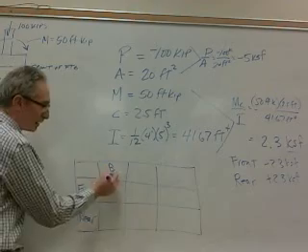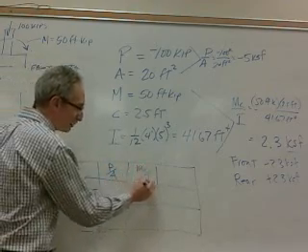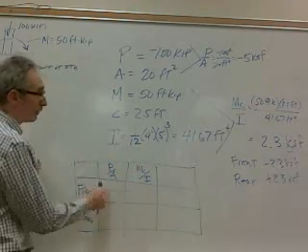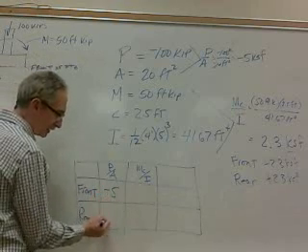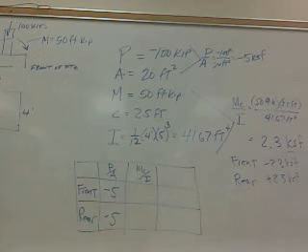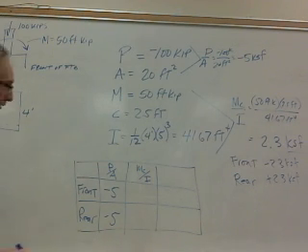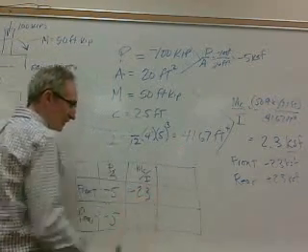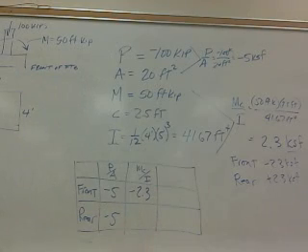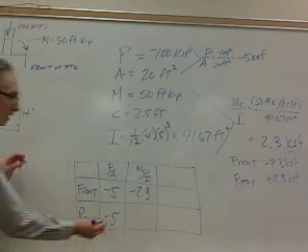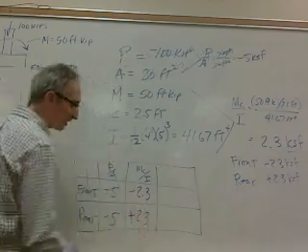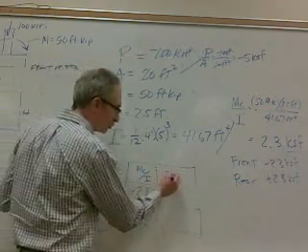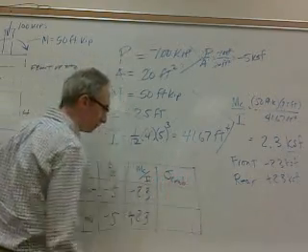I know I've got P over A. I know I've got MC over I. P over A is the same whether I'm at the front of the footing, the back of the footing, or any place in between. It's minus 5 kips per square foot. The front of the footing, you just told me, is a negative 2.3 kips per square foot. The rear of the footing is positive 2.3 kips per square foot.